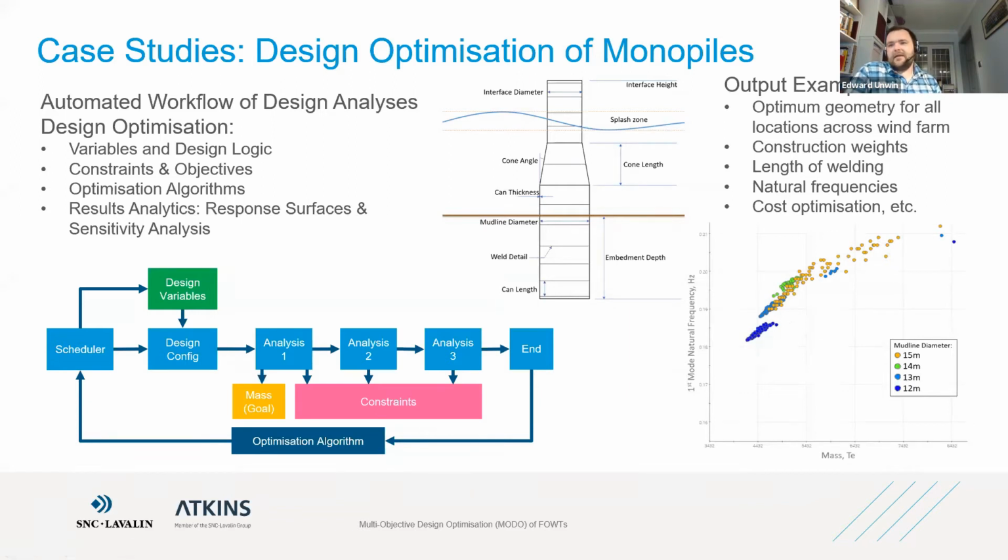If you're in the 12-meter mudline diameter monopiles, there's quite a limited range where they're considered optimal from a natural frequency and mass point of view. And as you move through to the heavier structures, you can understand how that's affecting your natural frequency, and use this to inform some of your early project decisions around things like diameter or construction weights.